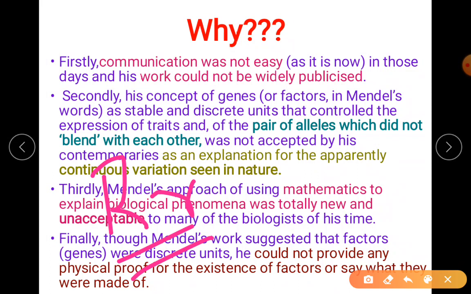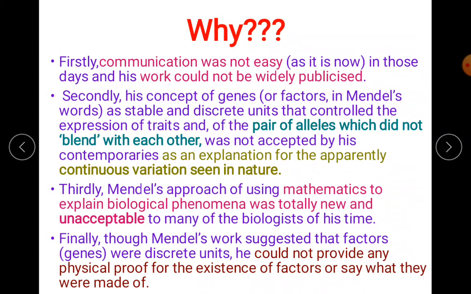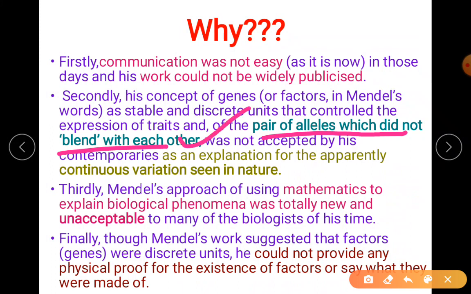The main reason he was not accepted is the stable and discrete units that control the expression of traits, and the pair of alleles which did not blend with each other. This concept was not accepted. He has given capital T and small t as not blending, whereas capital R and small r show the blending.